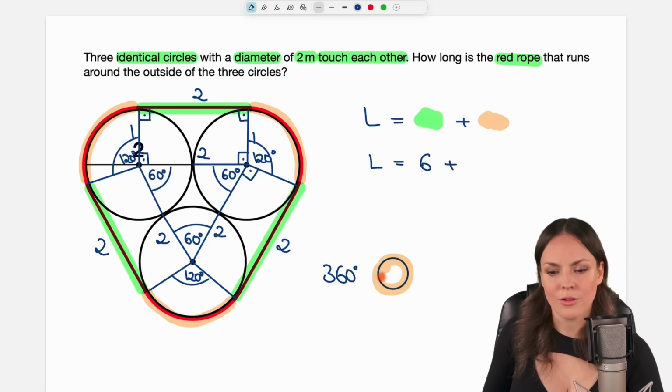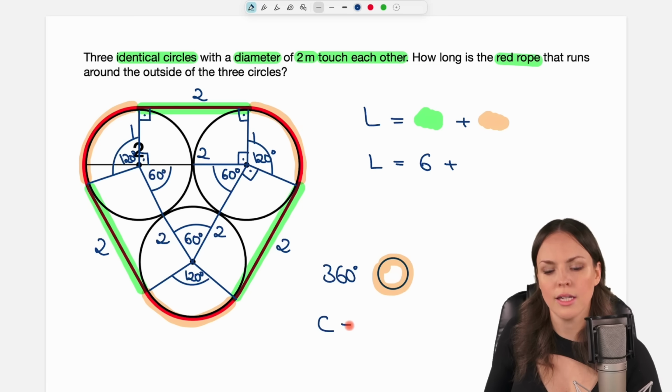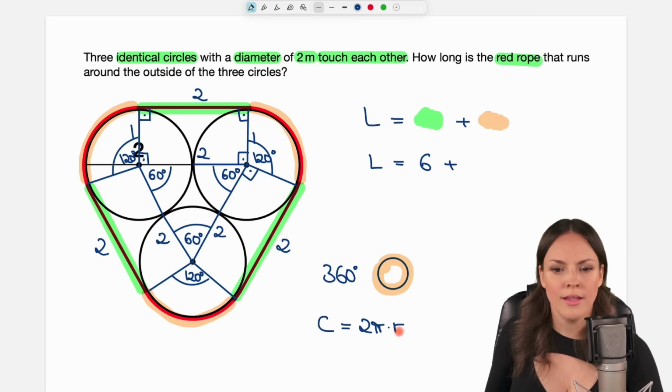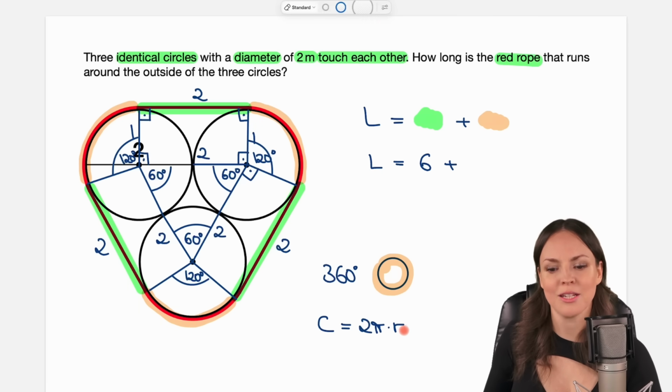So, what is the circumference of a circle? The formula is c equals 2 pi times the radius of my circle. The radius of my circle here is of length 1, which is nice because then we have times 1 here. Times 1, we don't need this.